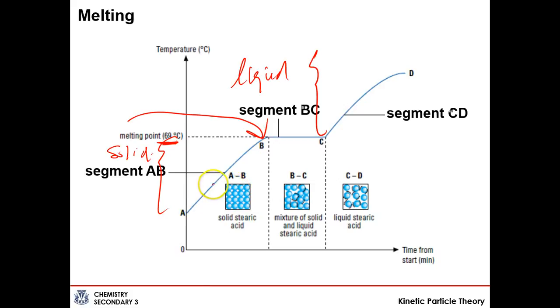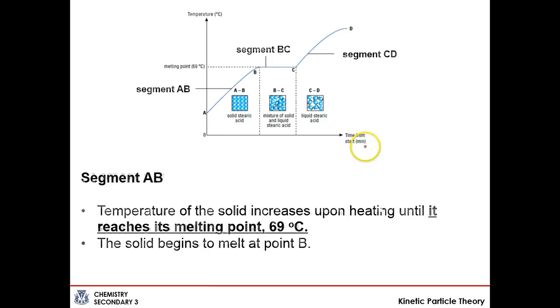As I give it more heat energy, the particles absorb energy. They vibrate faster, and they can overcome the forces of attraction between them. So eventually, when the particles overcome all the forces of attraction between them, to a certain extent, the solid changes into a liquid.